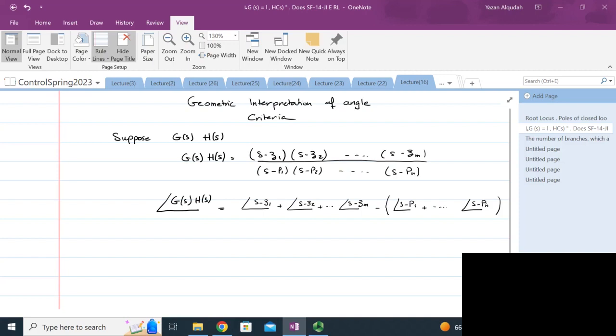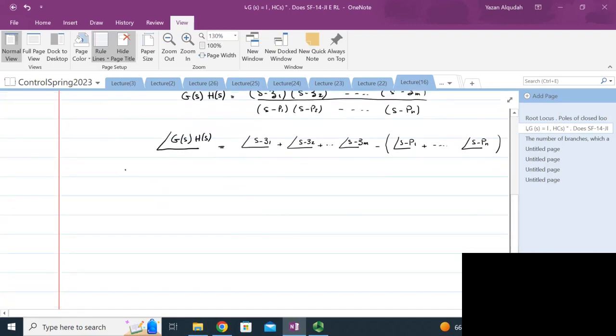If I were to tell you, calculate G times H when s is equal to 5, you're going to plug in 5 here: 5 minus z1 multiplied by 5 minus z2. If you do not have a calculator, you're going to write this in polar form: amplitude and a phase, amplitude, phase. You're going to add all the phases together, subtract all the phases in the denominator, and that will be the final phase. The same for the magnitude: you multiply all these magnitudes and divide them by all the magnitudes from the denominator. Okay.